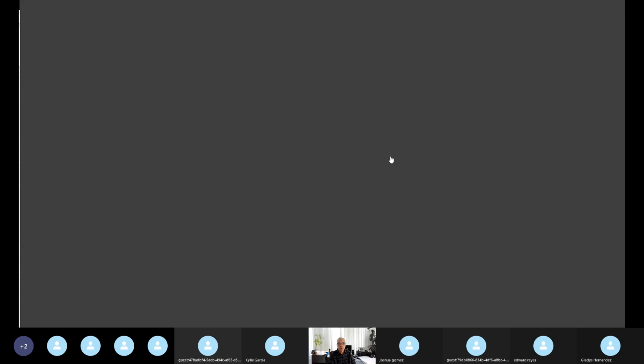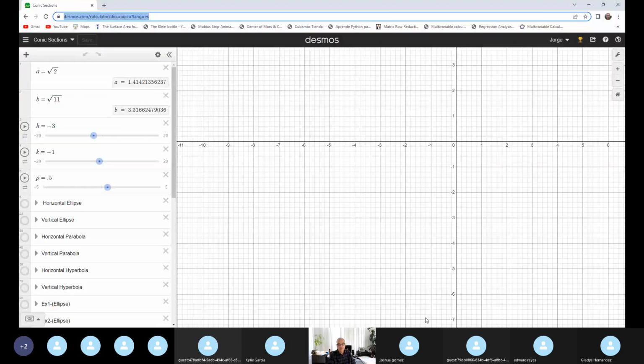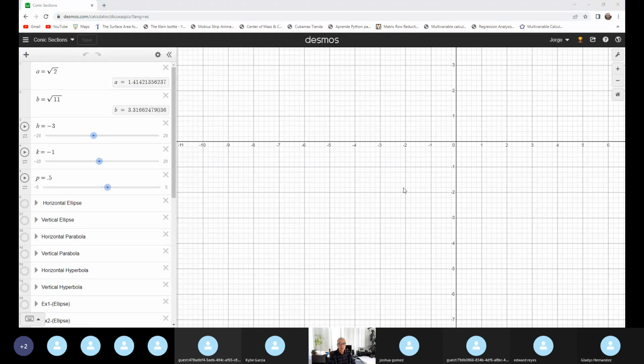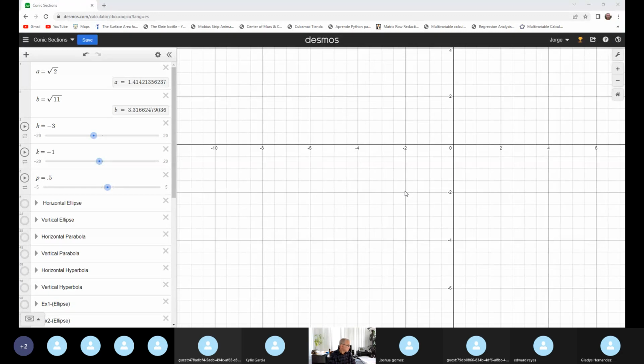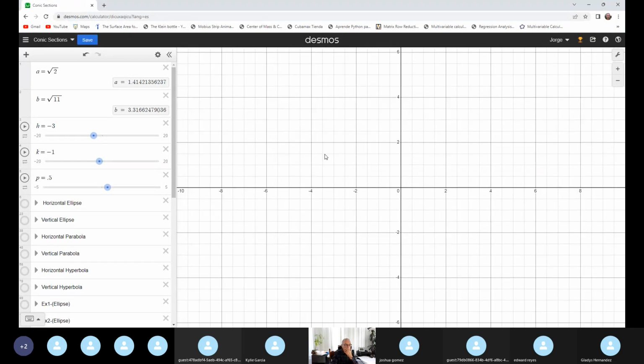Okay, there you go. Conic Sections is the name of this script that I created for my students. Look. Do you see Desmos? Okay, cool. Now, look at that.